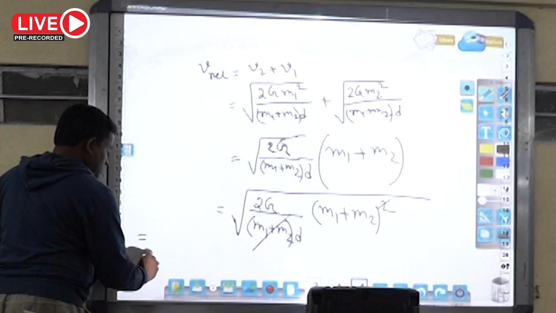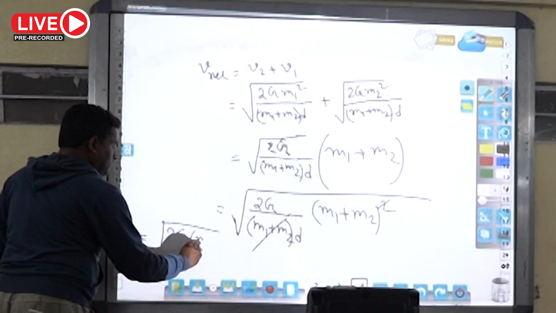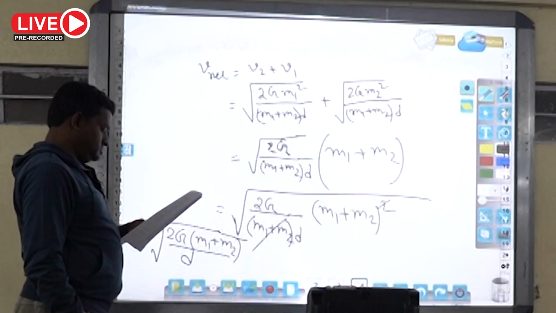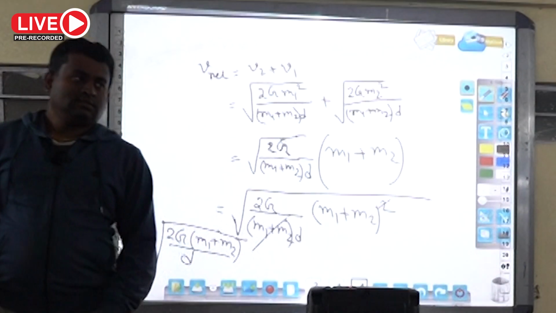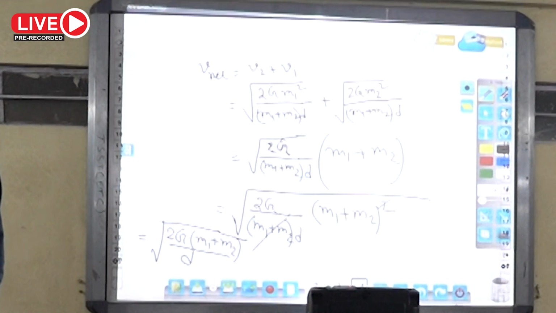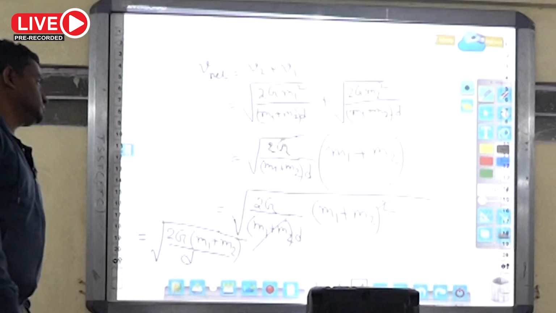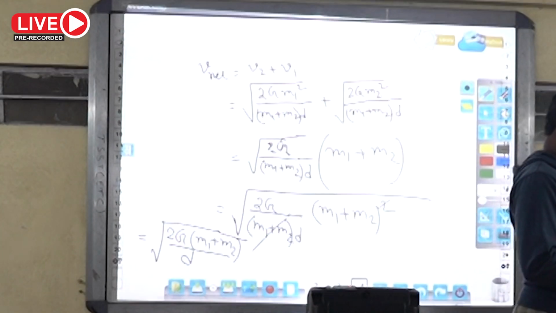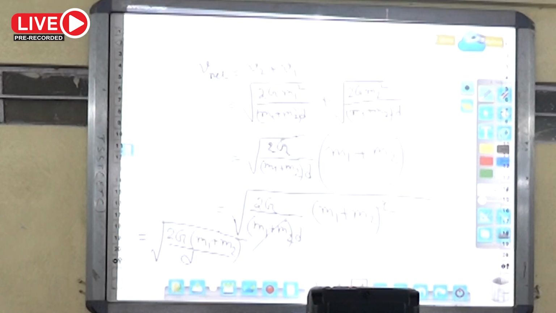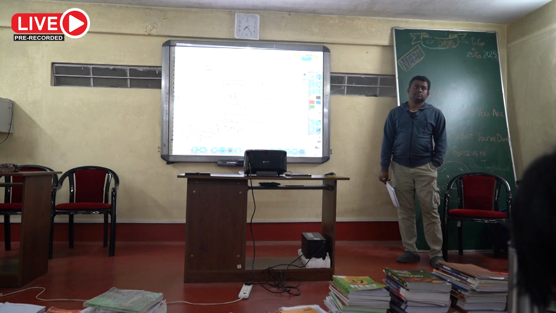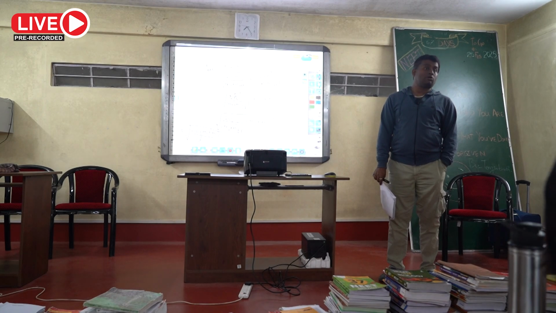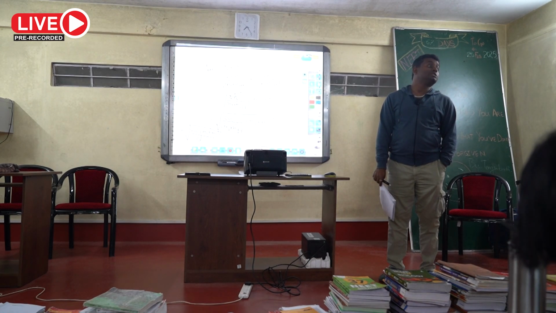So the answer will become root over of 2G into M1 plus M2 by D. Option B. Here relative means V1 plus V2, not V2 minus V1, because both are moving in the opposite direction.